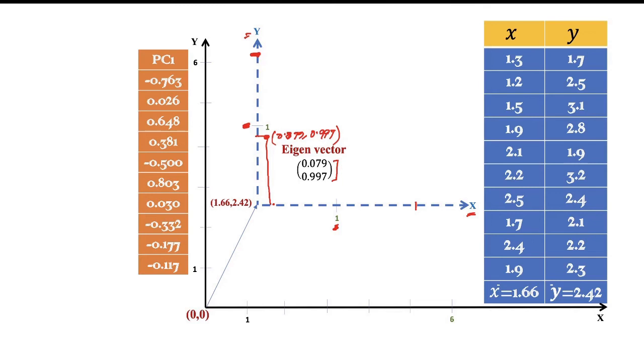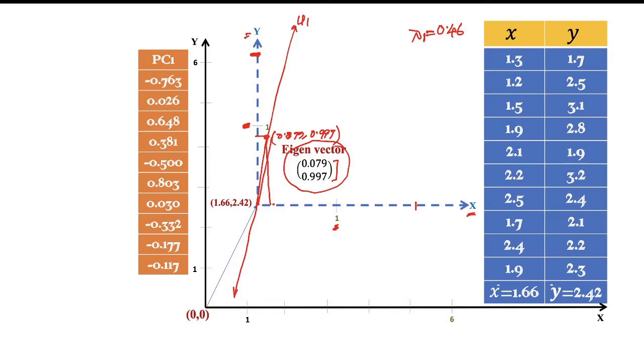Now if we join the eigenvector with the origin and extend this line, this is our eigenvector u1, which was calculated from the highest value, lambda 1, which is 0.46.